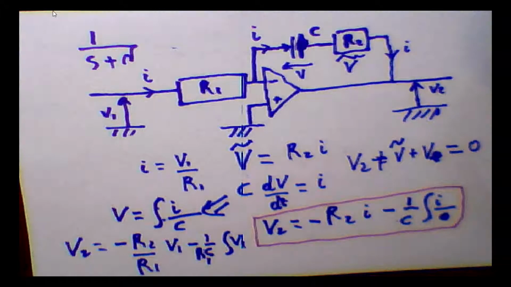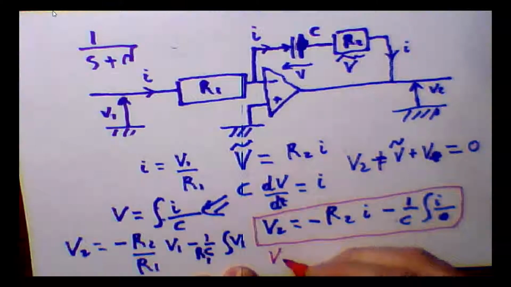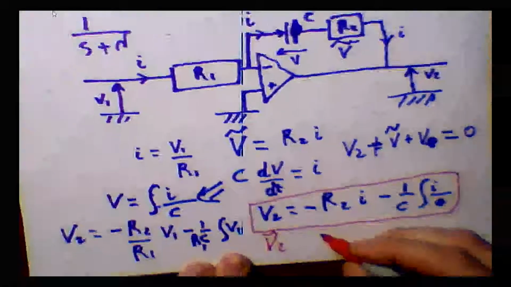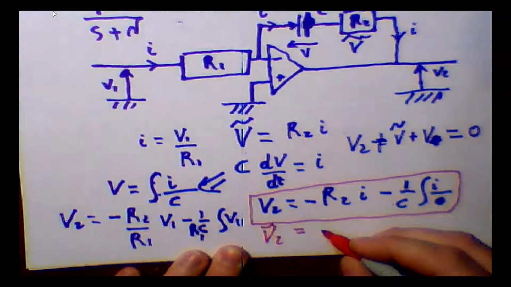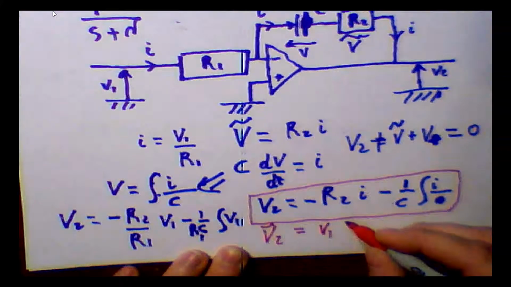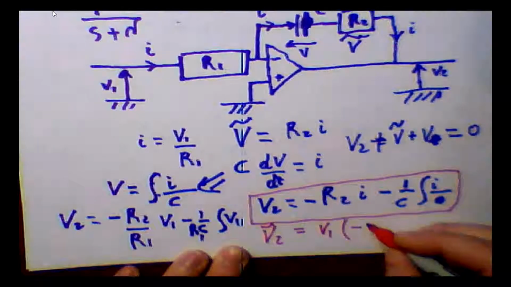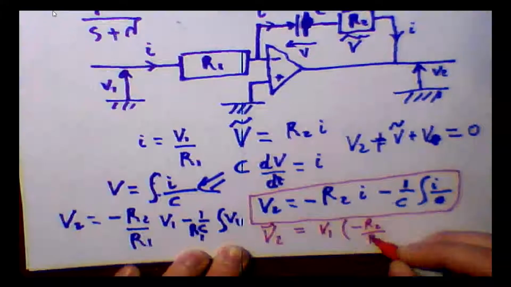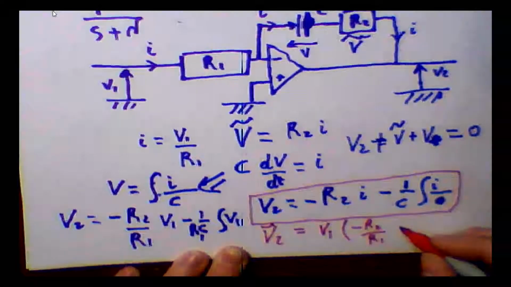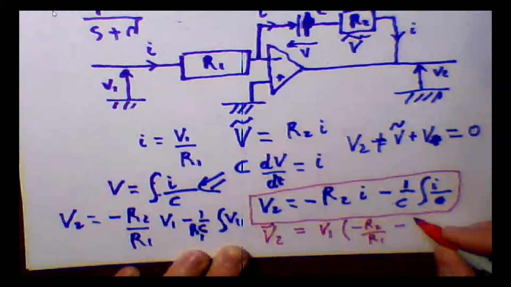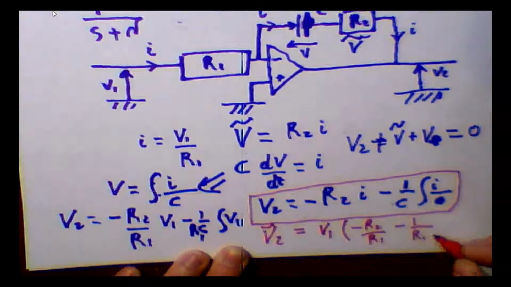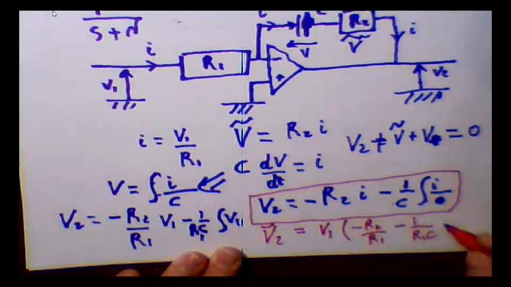Now, do we have the desired result? Not quite, since we conclude that V2 hat must be equal to V1 hat times minus R2 over R1 minus 1 over R1C times 1 over S.